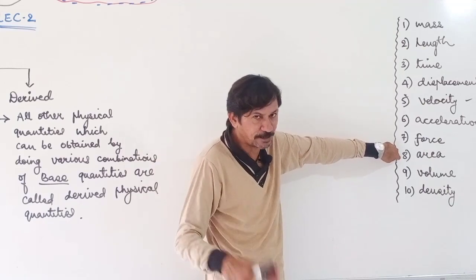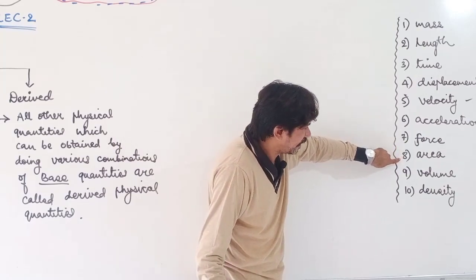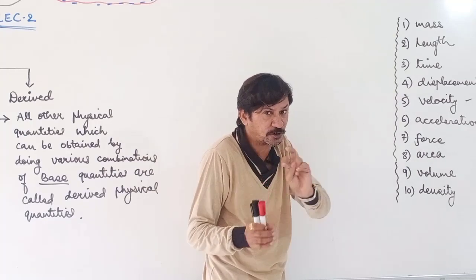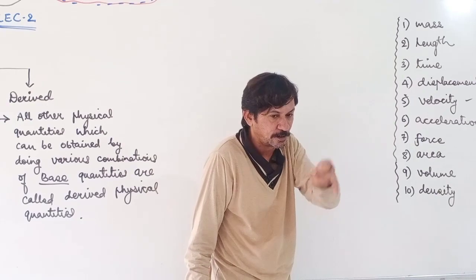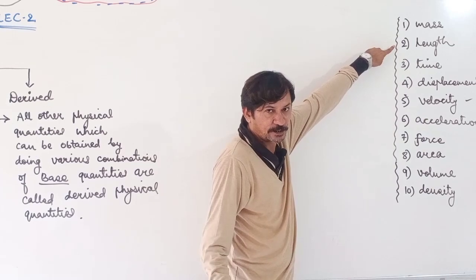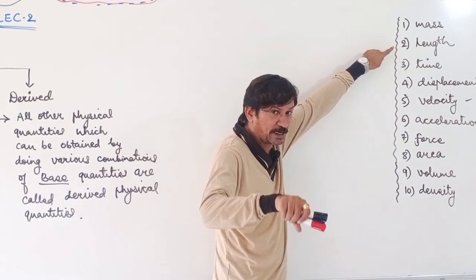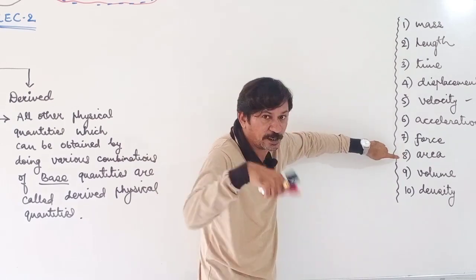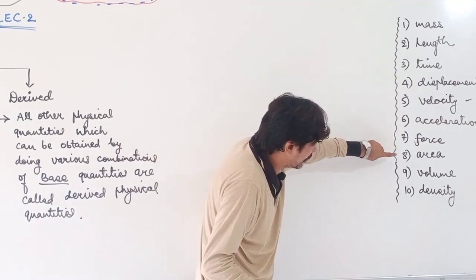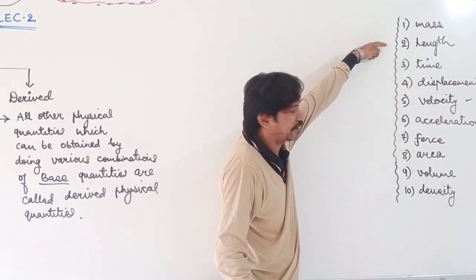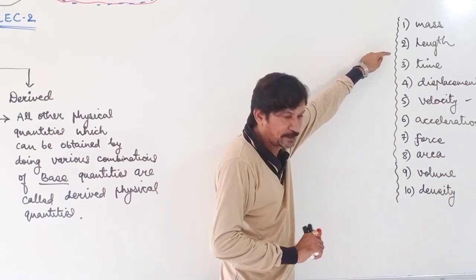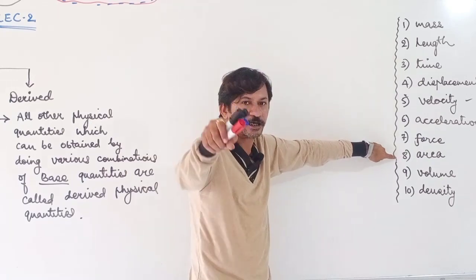Both are measured in the same unit. So area is combination of 2 lengths, or area is the product of 2 different lengths. So in order to measure area we need length. Thus the physical quantity length is called base or fundamental quantity, but area is called derived. The meaning is area can be derived using length. Hence we can say that length is a fundamental or basic quantity while area is a derived quantity.